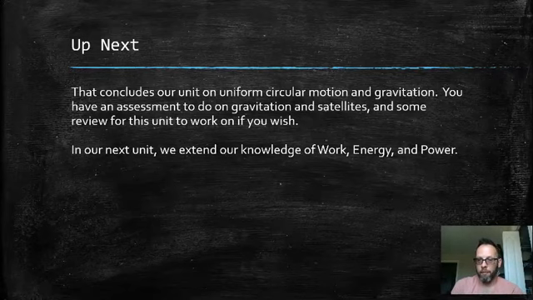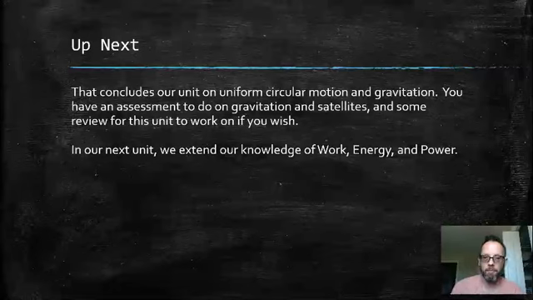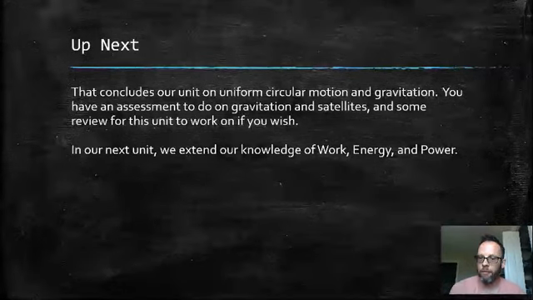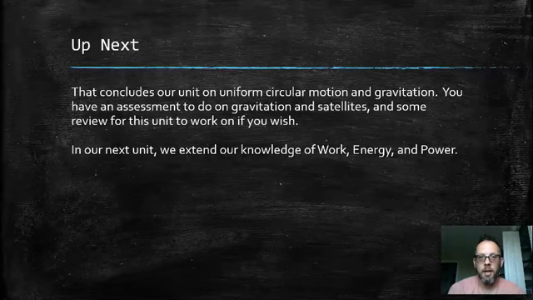So at least for the people doing summer school online with me right now, that concludes our unit on uniform circular motion and gravitation. As usual, I'll have an assessment for you to do on the day's stuff to see how it went. Review is available and our test should be getting posted soon. What's up next?